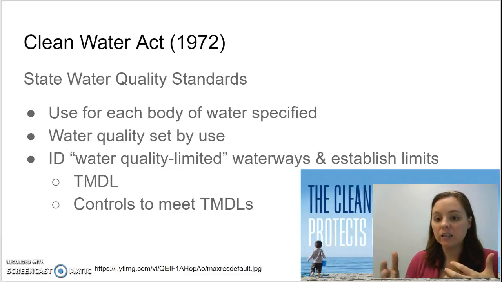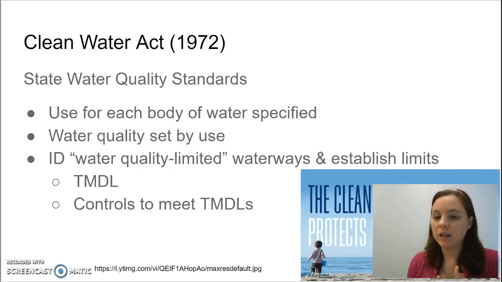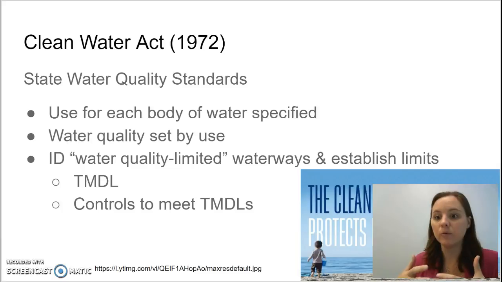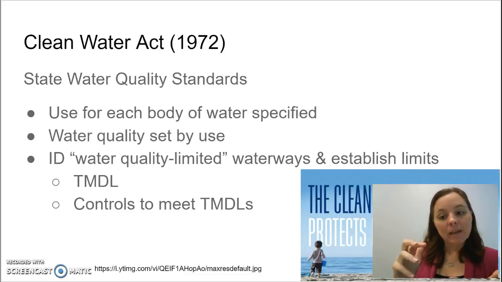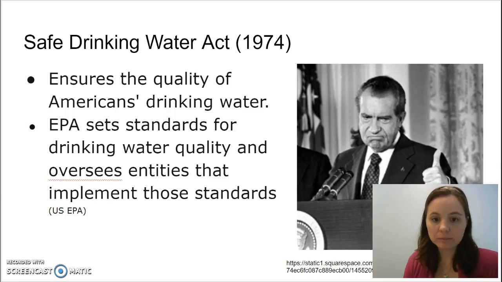And then the states also have to come up with control methods to meet the TMDLs. Usually this is a range of things that we would impose upon industries like agriculture, forestry, construction, and mining. Those have mixed results with success. So that's the Clean Water Act.